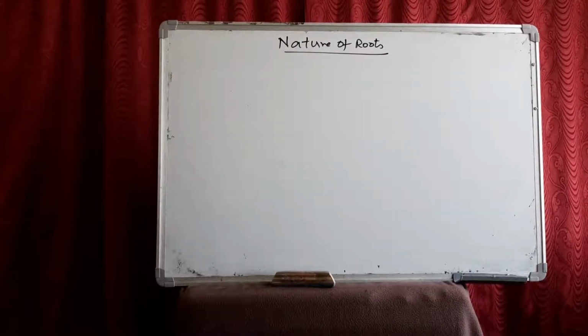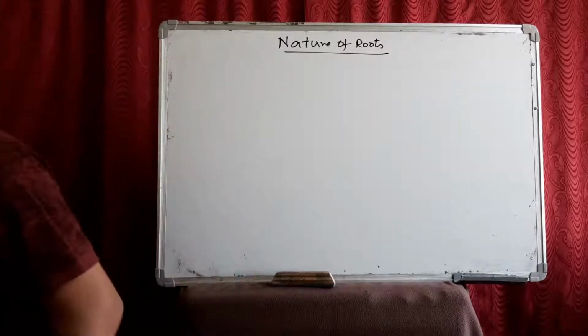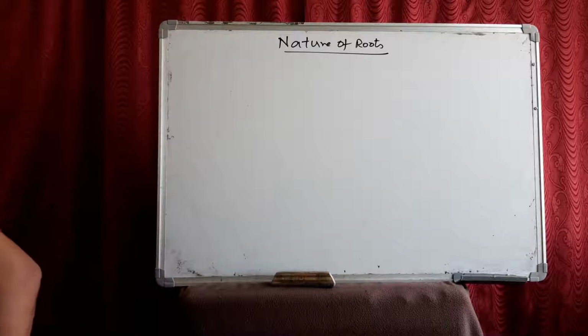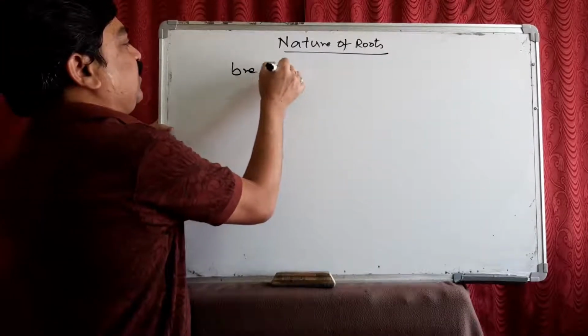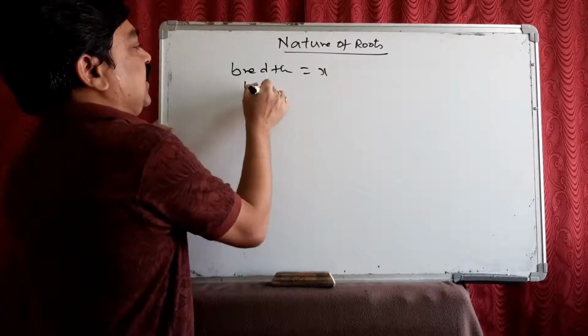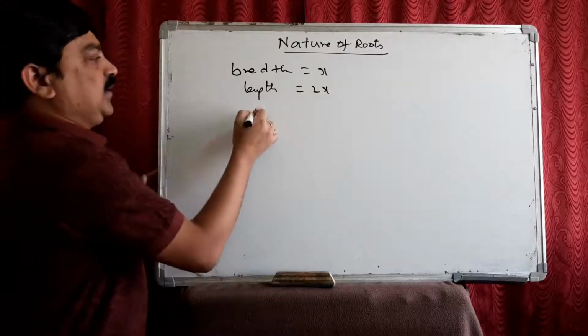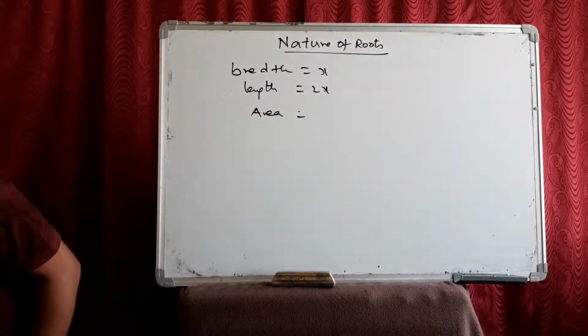The question is: is it possible to design a rectangular mango grove whose length is twice its breadth and area is 800 meters square? Let us see. Length is twice its breadth. So let us start with breadth is equal to x. Then the length will be 2x, twice its breadth, and area is given 800 square meters.